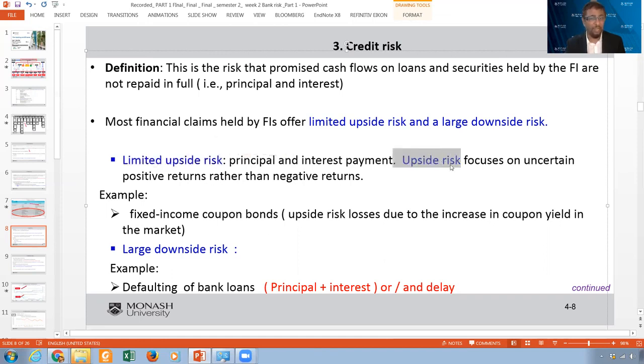The upside risk focuses on uncertain positive return. You could have achieved more if you waited a little and invested in those bonds with high coupon rates. Maybe this is new for you, but the traditional view is what we know.